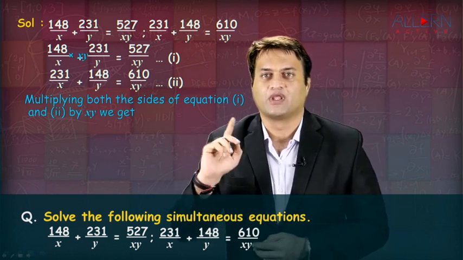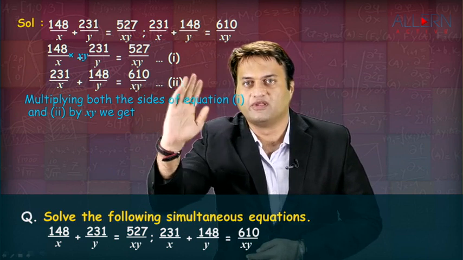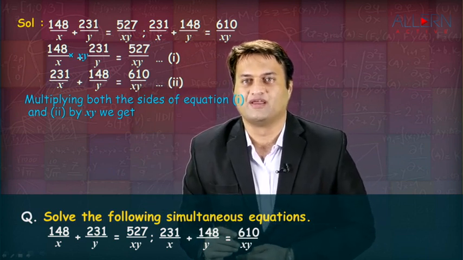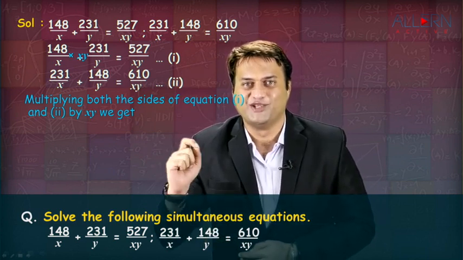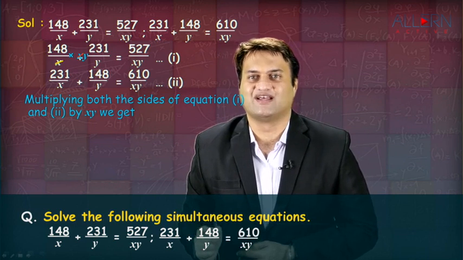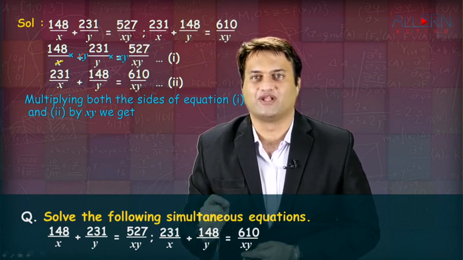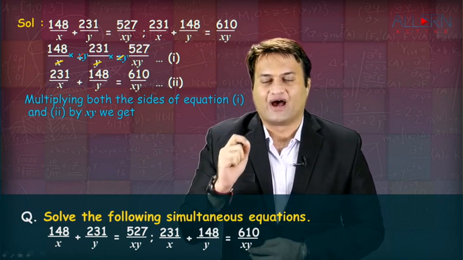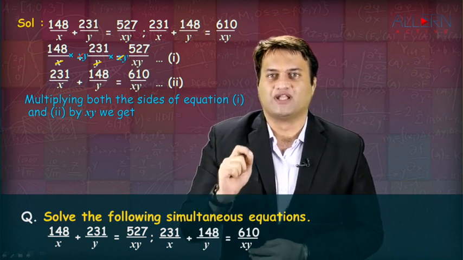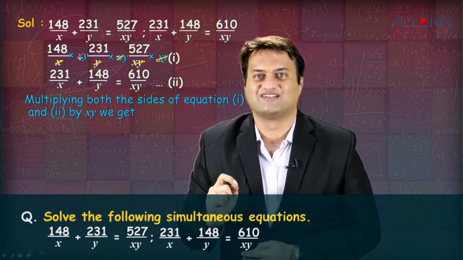What do we get? Look at it now. It is getting multiplied by xy. 148 upon x into xy, x gets cancelled, what remains is 148y. Then y gets cancelled, what remains is 231x, and xy gets cancelled.